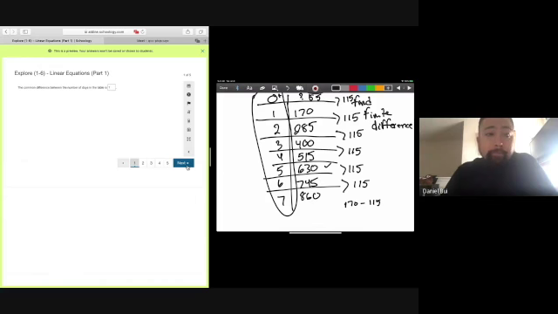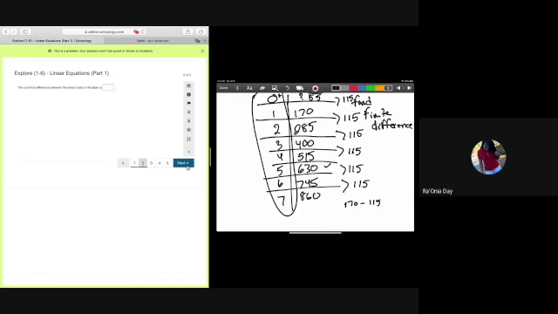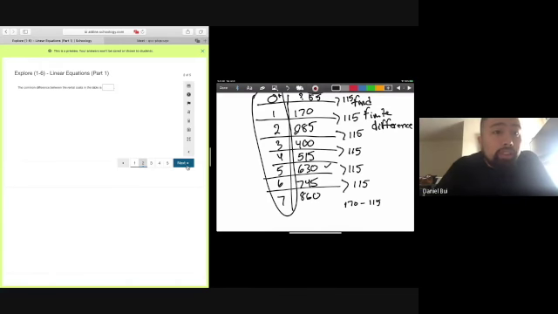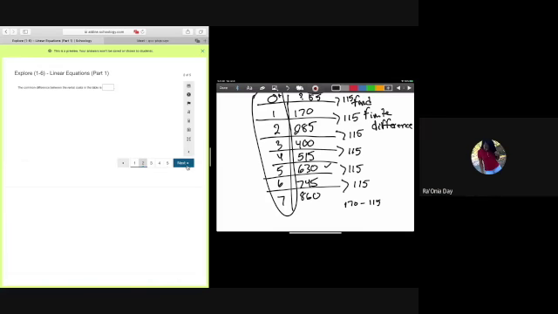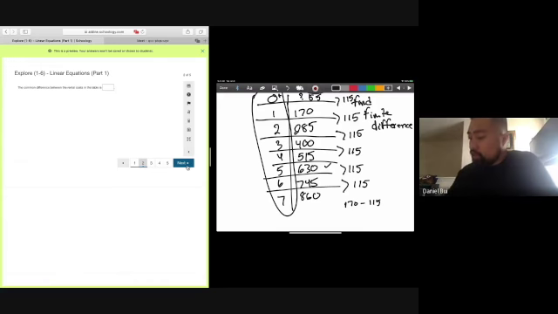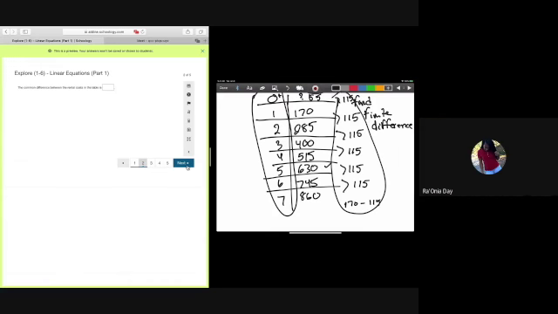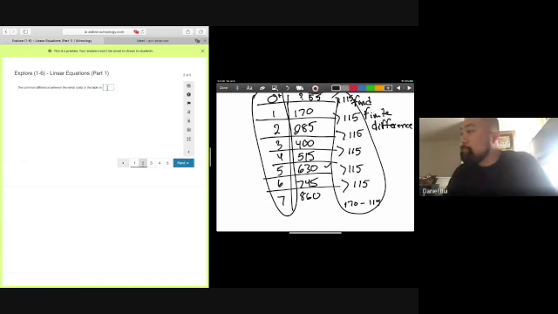That makes sense, right? Yes. Okay. Question number two says the common difference between the rental costs in the table. That's going to be on the y side. What's the common difference? 115. There you go.